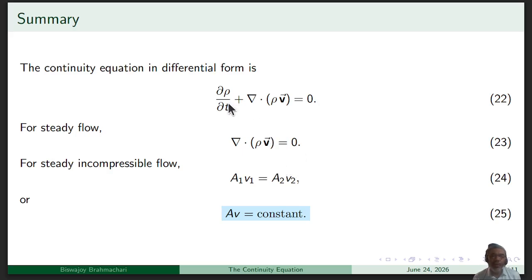For steady flow, this term goes away, so divergence of rho V equals 0. For incompressible flow, rho goes outside, and we get divergence of V equal to 0. And if we specialize to a stream tube, we get A1 V1 equal to A2 V2, or AV equal to constant.